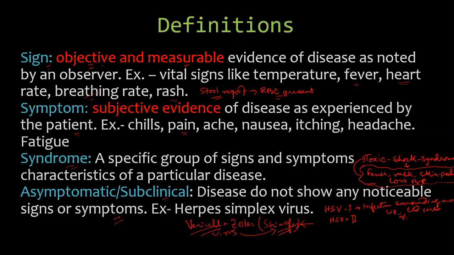If you use the same glass to drink water, you are going to get that. With HSV2, you get sores around the genitalia, and you can get them around the rectum. If you have HSV1, then after certain years chances are that you are going to get HSV2. So these are the asymptomatic diseases.